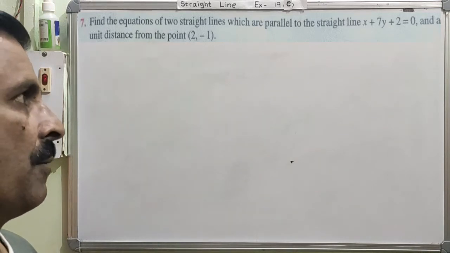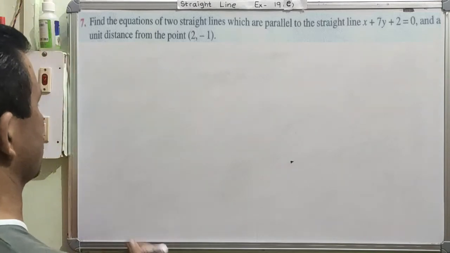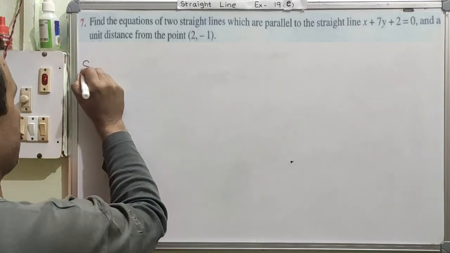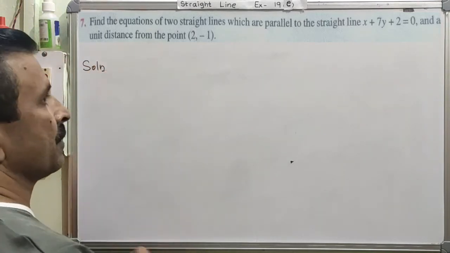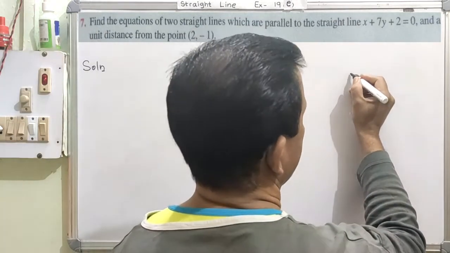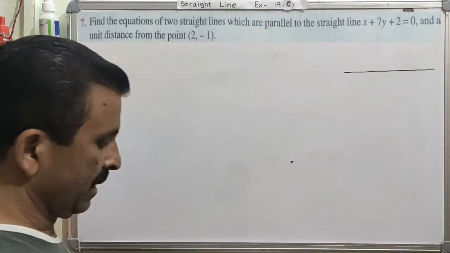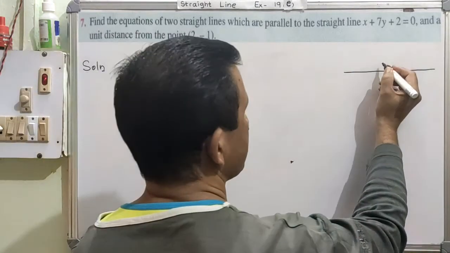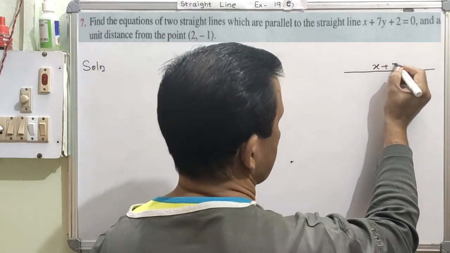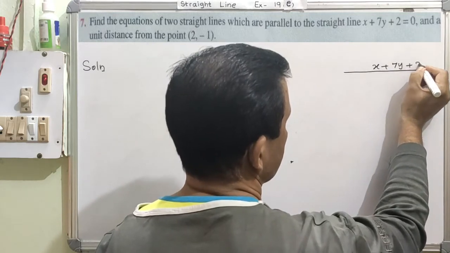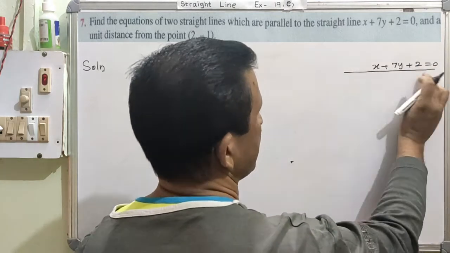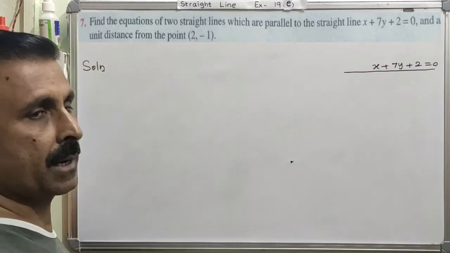Right? So first of all, let us try to understand what the question says. First of all, you are given a line. This is a line whose equation is given as x plus 7y plus 2 is equal to 0. This is one line given. Clear?